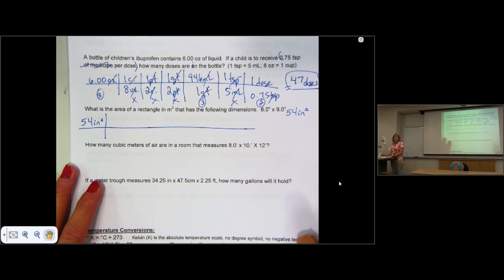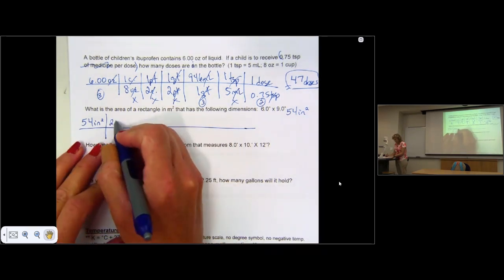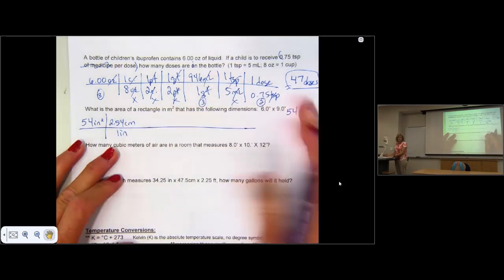I'm trying to get inches squared into meters squared, so what am I going to do? Inches squared to centimeters squared. What is the just normal conversion between centimeters and inches? What goes on top? Over 1 inch. Now that's just the normal conversion.